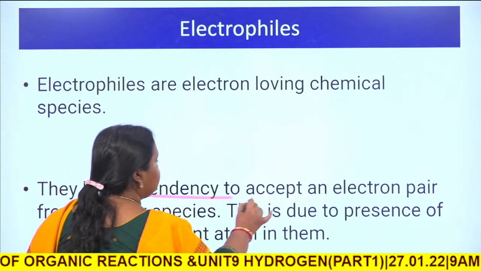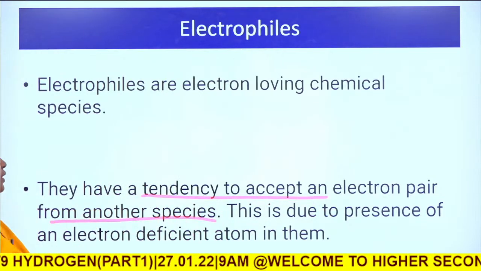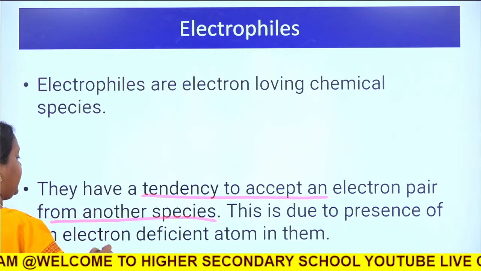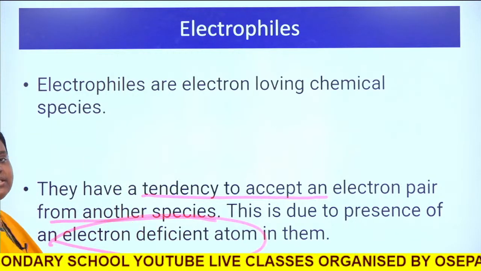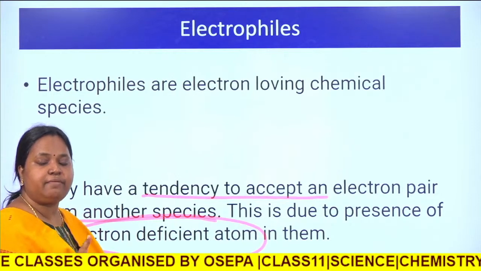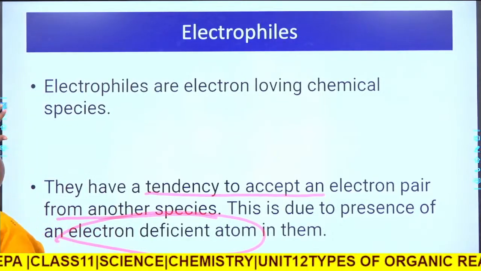They have a tendency to accept an electron pair from another species. Why? Because they have an electron deficient atom. As we said, they must either be positively charged or have an atom which is deficient in electron. See the example.